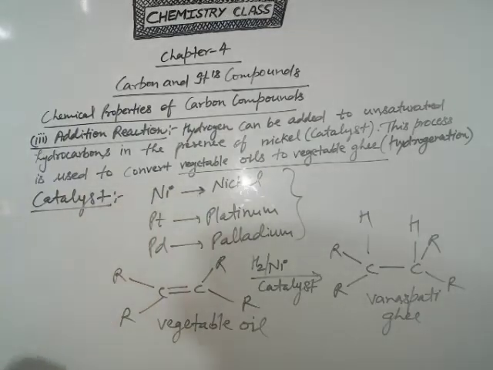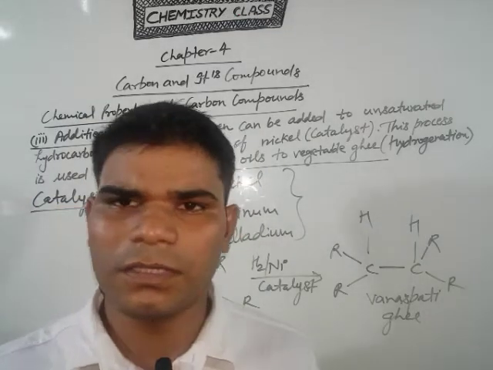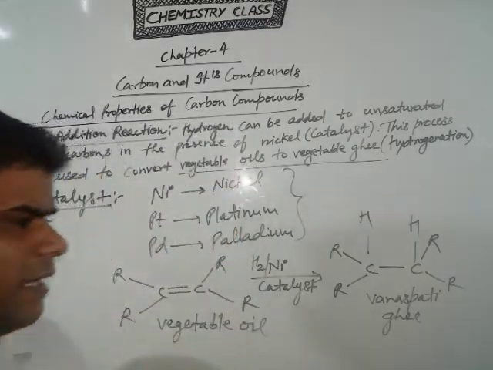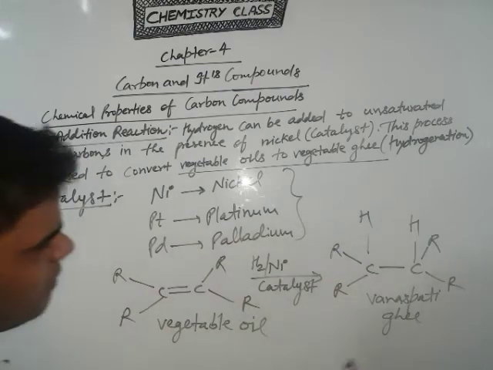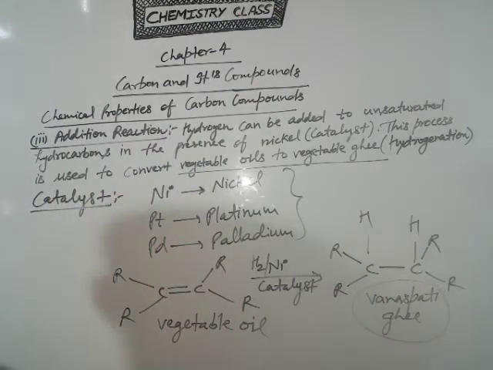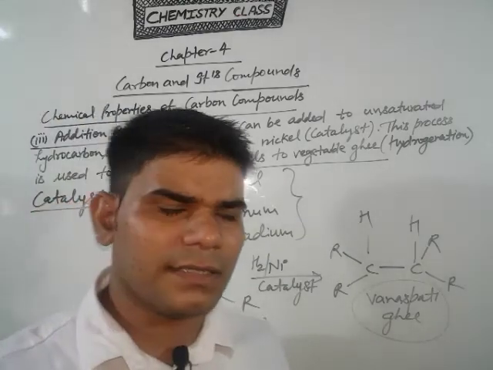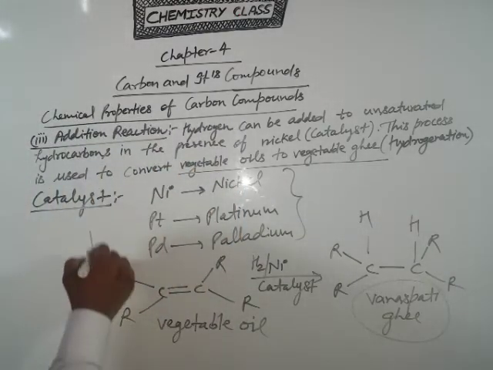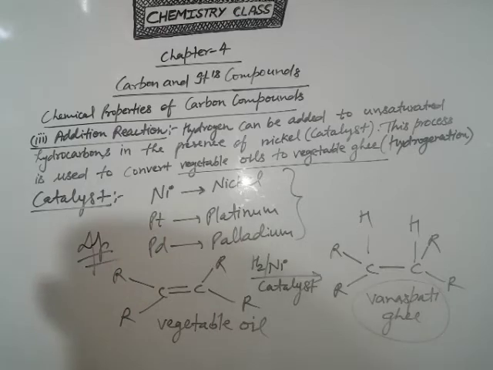Clear? So this reaction is also used in industry, and many people use vanaspati ghee. So students, everyone remember this equation. This equation is very important for all the students.